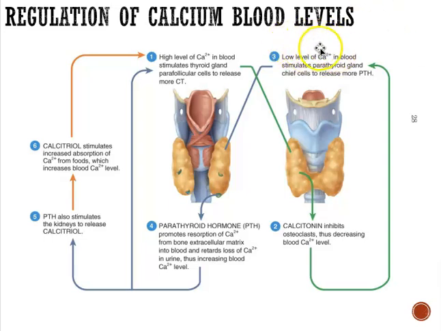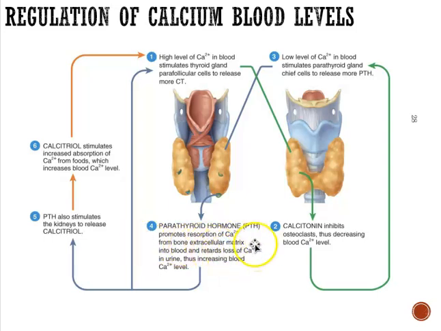Low levels of calcium in the blood will then stimulate the parathyroid gland, and particularly chief cells in the parathyroid gland, to release more parathyroid hormone. They did not give that one a very clever name, right? Parathyroid hormone will promote the reabsorption of calcium from the bone extracellular matrix, meaning that it will stimulate osteoclast activity so that osteoclasts break down bone, releasing all that calcium into the bloodstream.